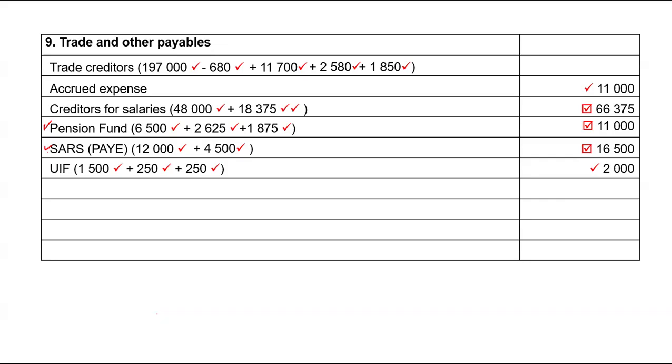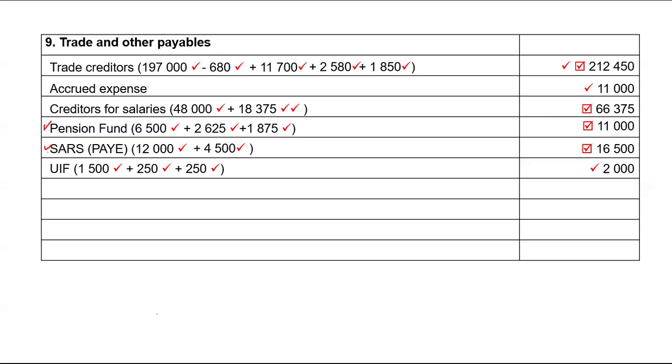They increased our bank overdraft, they decreased our creditors, but the bank did not process them. So we need to add them back into our creditors control, and we also need to subtract them from our bank overdraft. If we had a positive bank balance, we would add them to our positive bank balance. But I said I will discuss the bank overdraft later on. I just want to deal with everything, but I want you to pay attention to amounts that will affect our bank overdraft. We good? Great.